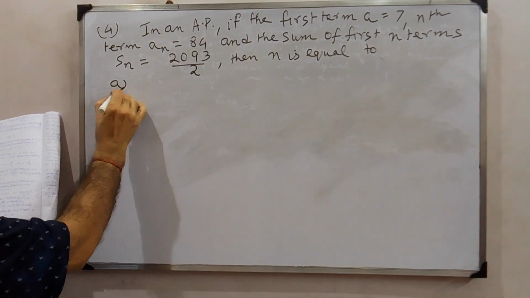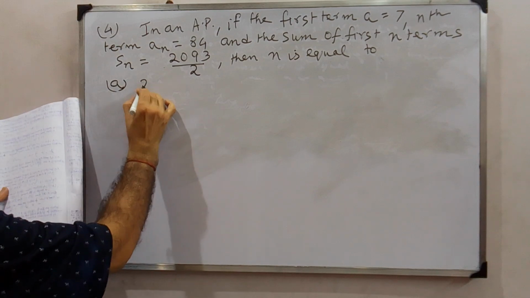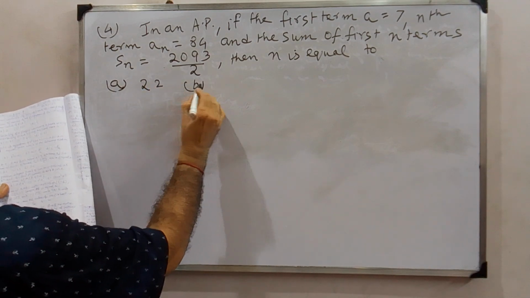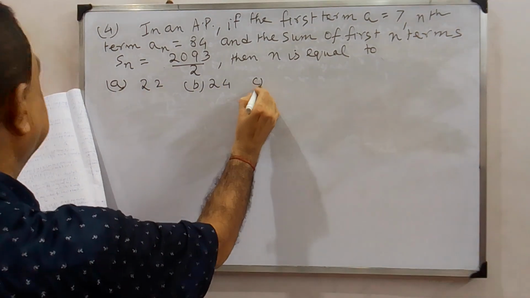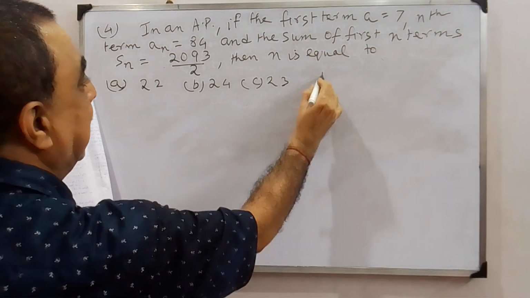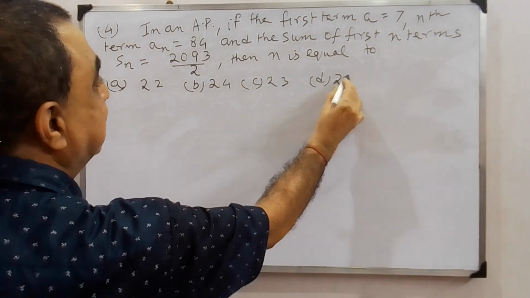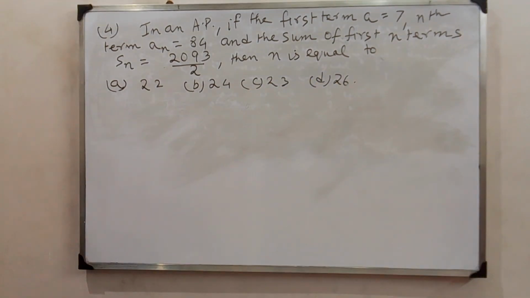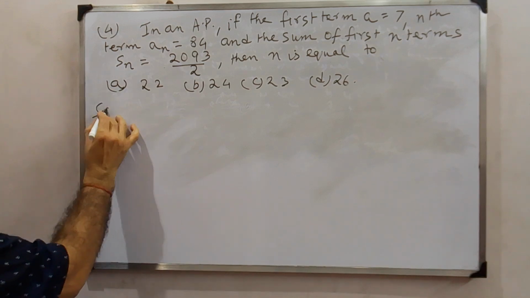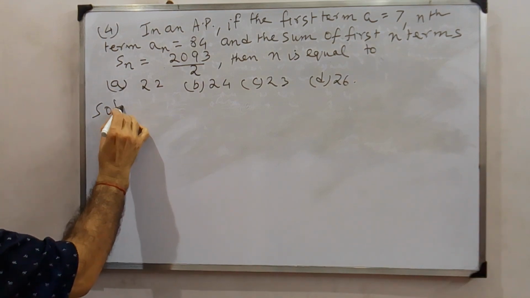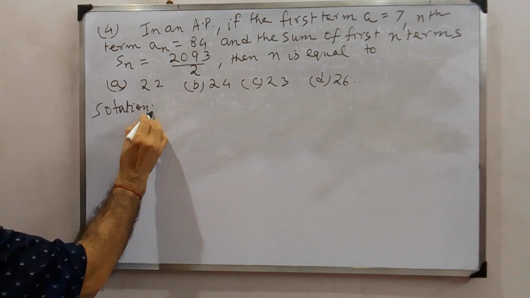See here, there are 4 choices given. A is 22, B is 24, C is 23, and D is 26. Now see here, I am doing the solution.